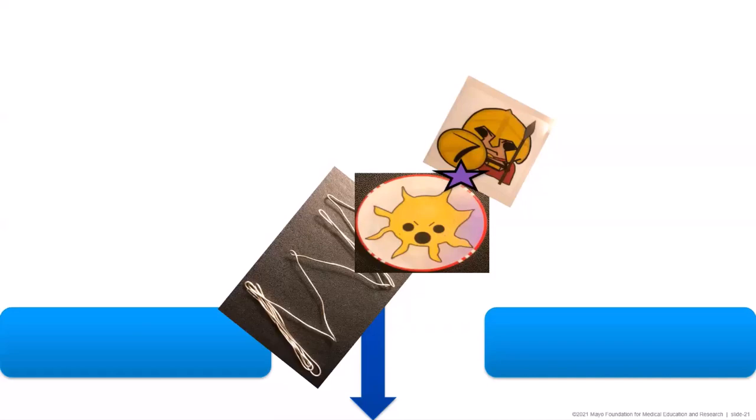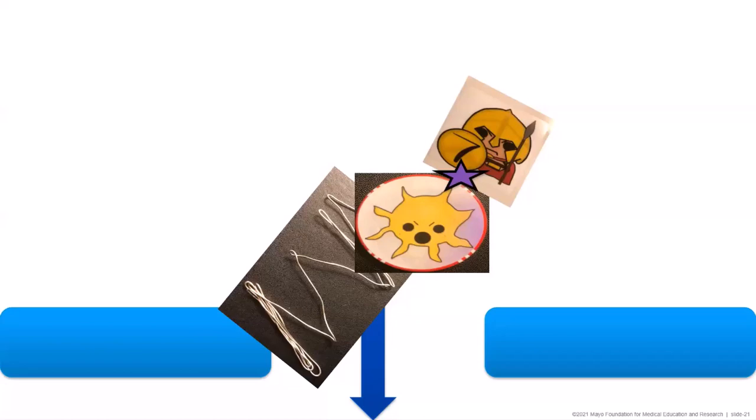What happens is factor 7 actually goes over and starts up the first of two complexes. So that coagulation cascade is actually representing two complexes that get made. They are the tenase complex, and then the second one's called the prothrombinase complex.